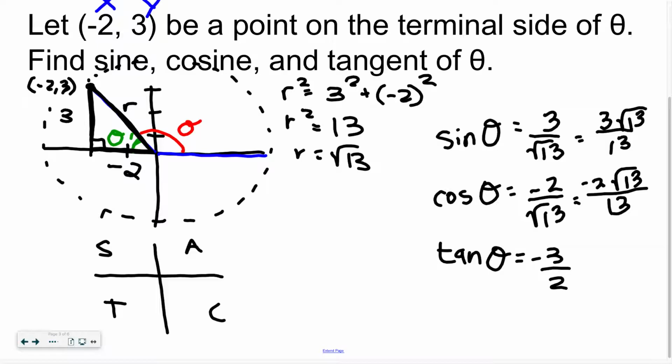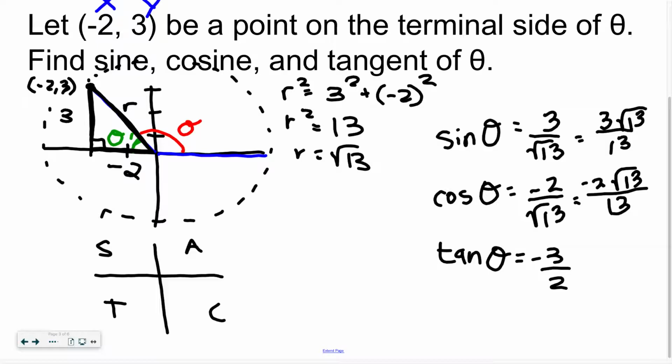So if you're in quadrant 2, quadrant 3, or quadrant 4, you'll be working off of theta prime, which is the reference angle. It has the same trig ratios as theta, which is what we defined yesterday. So you are working off of theta prime, but that's essentially the same as theta.